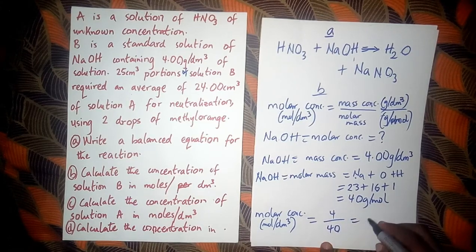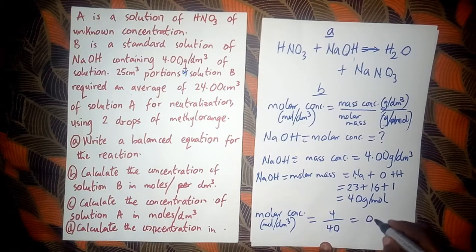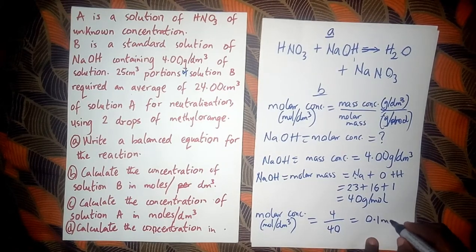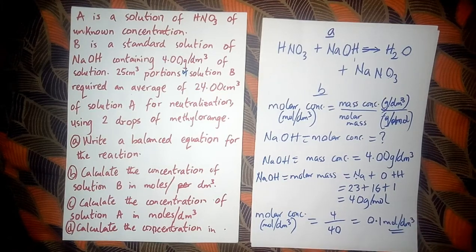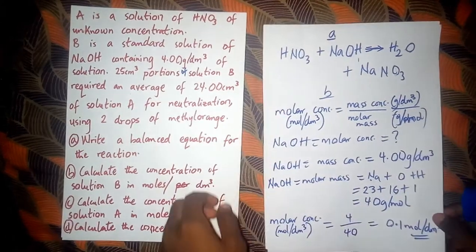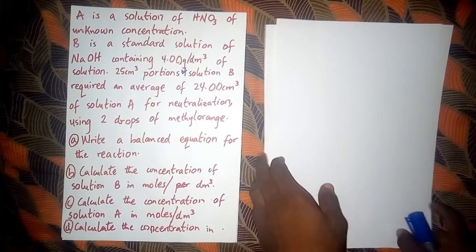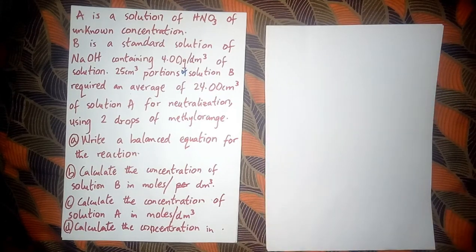This will give us 0.1 mole per dm cube. So this is our molar concentration for sodium hydroxide.